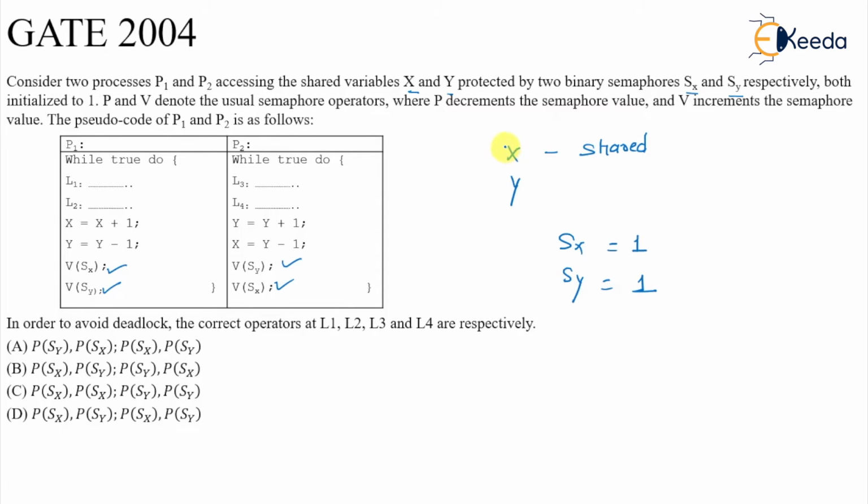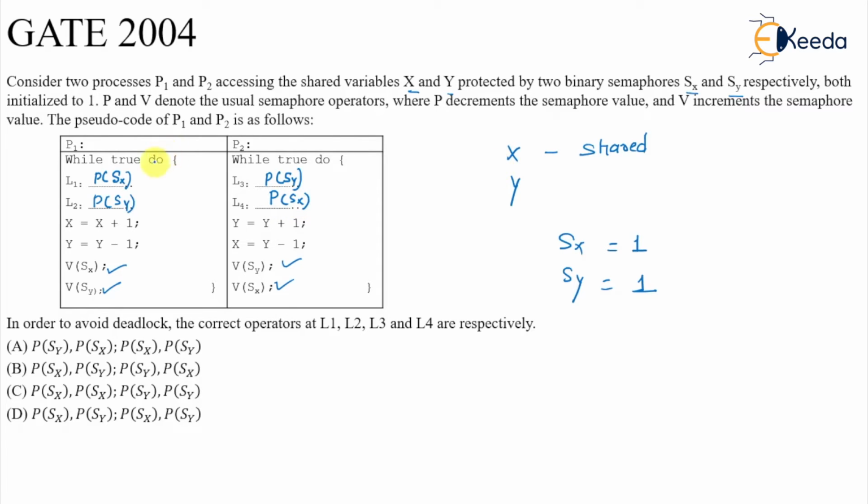So what can be the deadlock? Here we have to down Sx and Sy. Now let's see a situation: if I do P Sx and then P Sy, and here in the other process I write P Sy and then P Sx, what will happen?